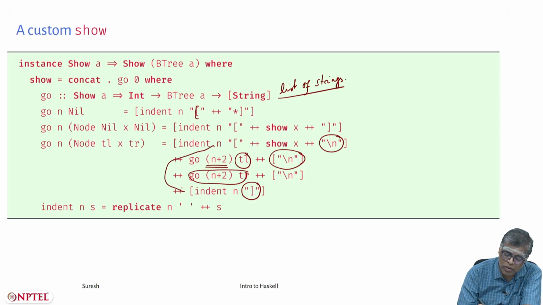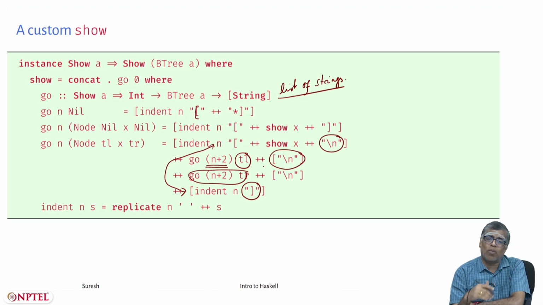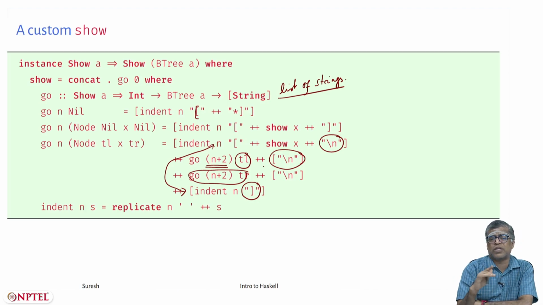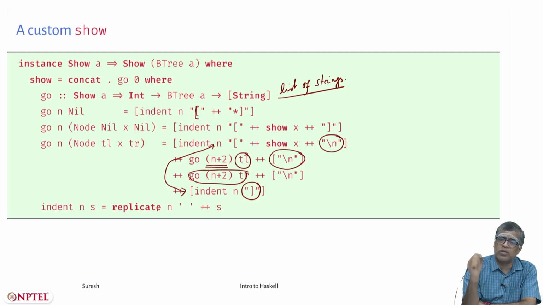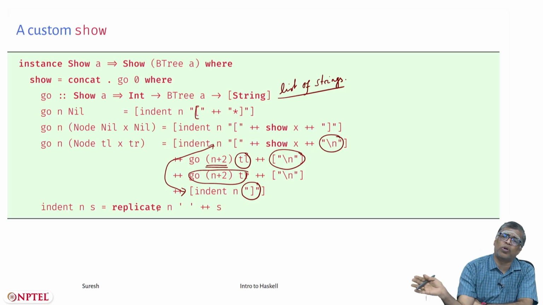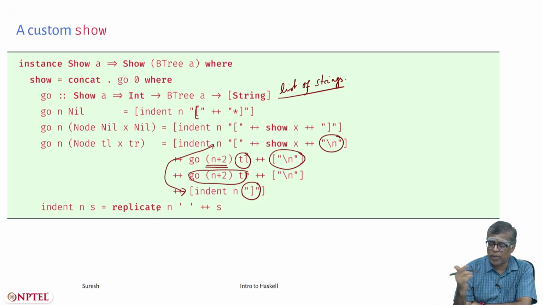These two are matching, okay, at the same indentation level. And what is indentation? Indentation just means I will replicate space n times and then put whatever string I want to put. That is how I indent a string.